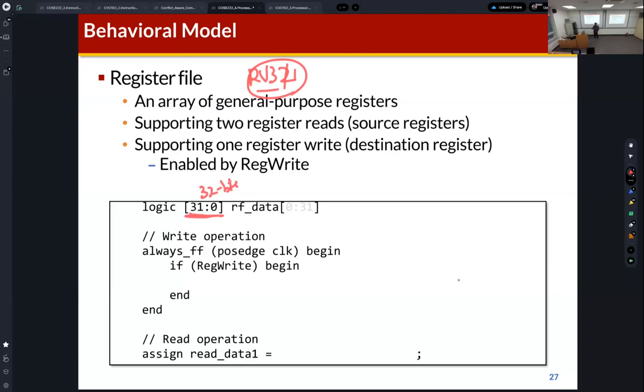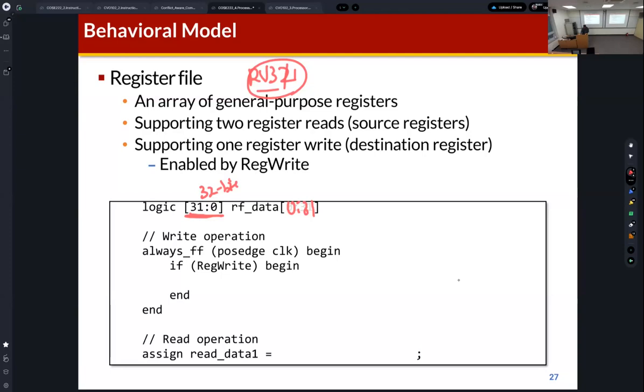And how many registers are in this register file? 32, right? Because there are 32 integer registers in RISC-V, so it should be 0 to 31.